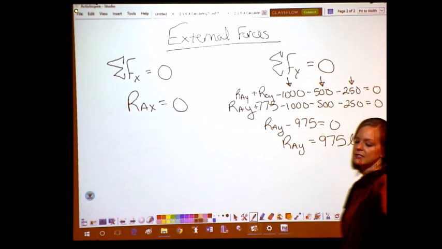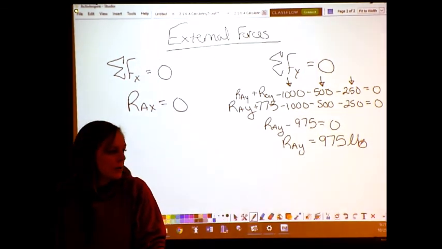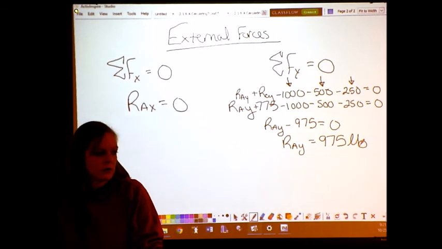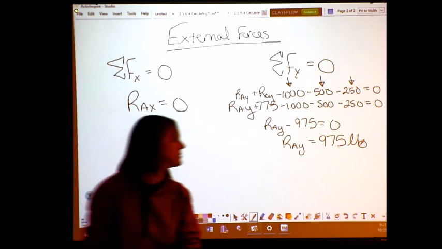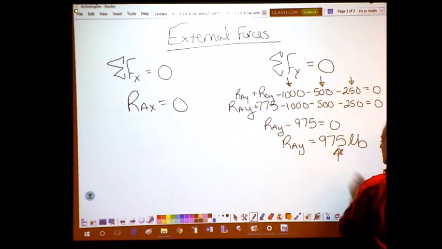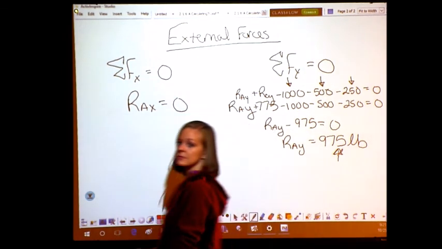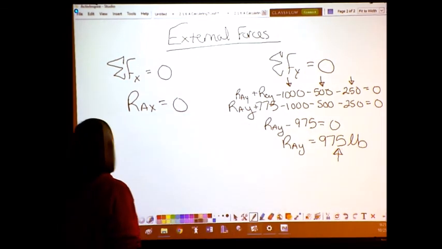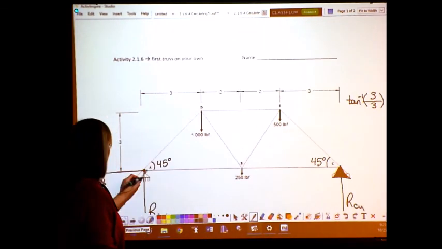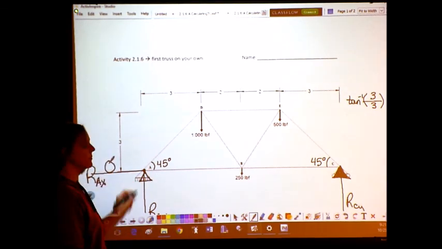What in the world does that mean? Does it point up or does it point down? Since it's positive, up or down? Up. That's right, so it'll point up. So I gotta go back to my picture. We're gonna make this thing point up. That was RAY, right? Oh, I can also put 0 on this one.